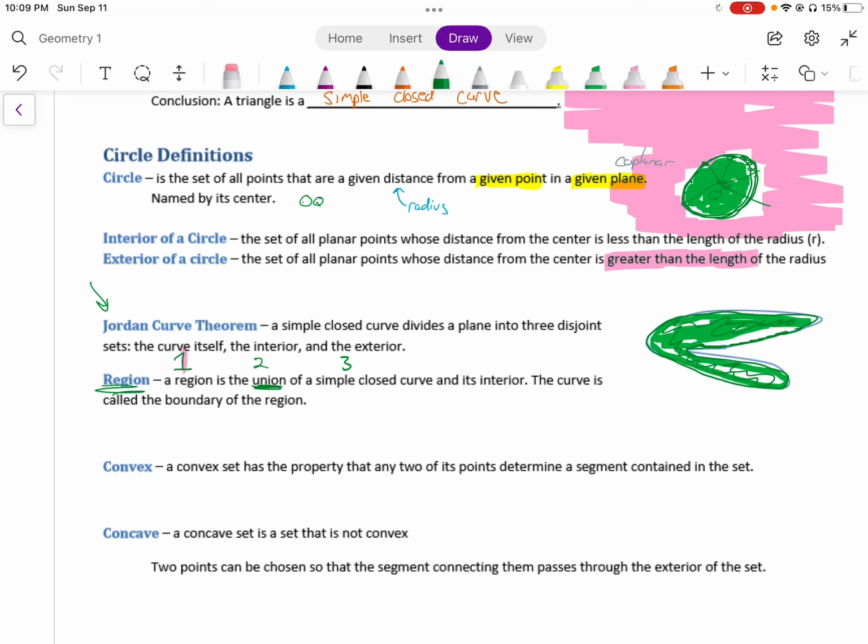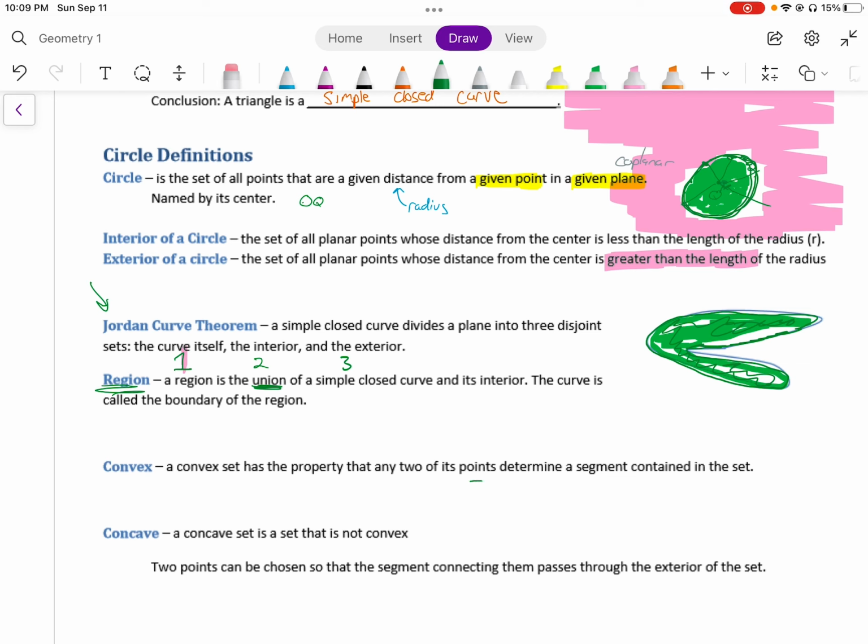Convex and concave, we'll define these. There's sometimes an easier way to think of these, but a convex set has the property that any two points of it determine a segment contained in the set. So these are talking about two-dimensional shapes.